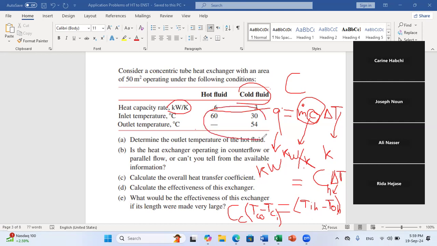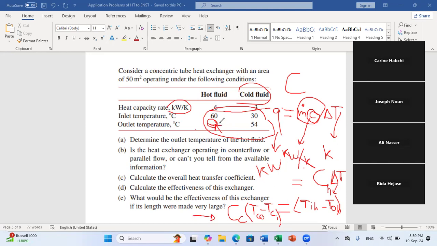The only unknown temperature is the temperature at the exit for the hot fluid. So this energy balance, which considers that heat lost by the hot fluid is gained by the cold fluid, will allow you to find your unknown temperature. So this is a first step to get our first unknown, which is the outlet temperature of the hot fluid.